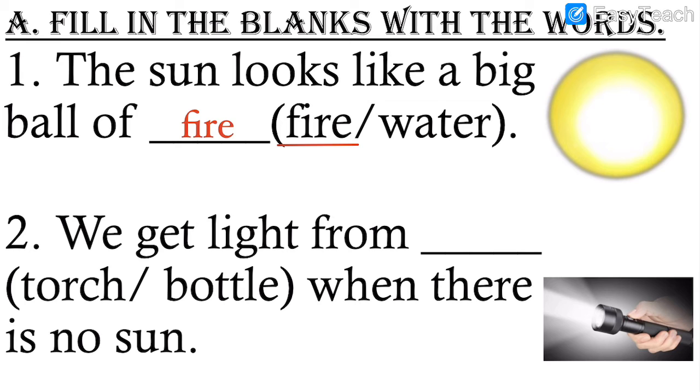There is no sunlight at night, so we use this torch for getting light. If we want to go anywhere, we need a torch so that we can see things clearly and find the things we are looking for. So here the answer is torch. Let us also write in the blank: T-O-R-C-H, torch. We get light from a torch when there is no sun.